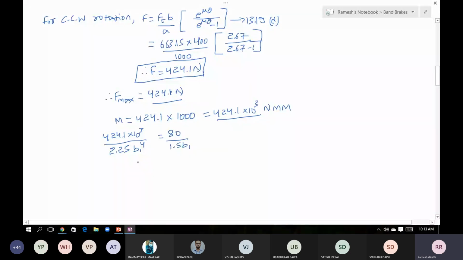From this you will be getting the value of B1. After the calculation the B1 value will be 15.23 mm, which approximately you can take as 15, or the next value, 16, or you can keep it like that also.